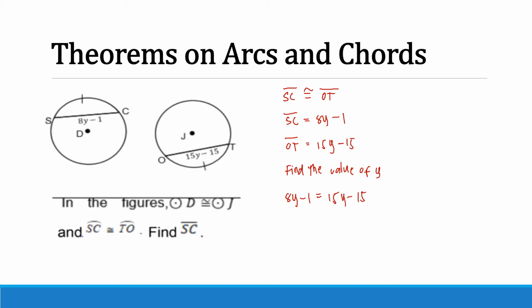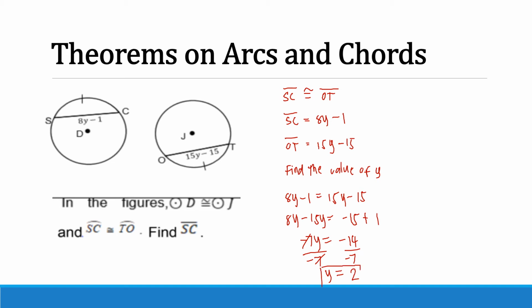That will become 8y minus 15y equals negative 15 plus 1. So 8y minus 15y is negative 7y equals negative 15 plus 1, which is negative 14. Divide both sides by negative 7, and the value of y is positive 2.